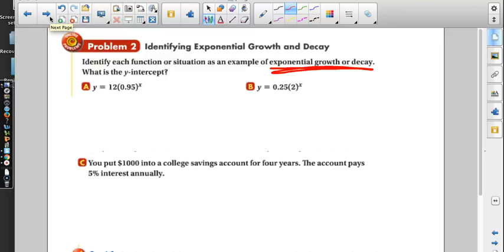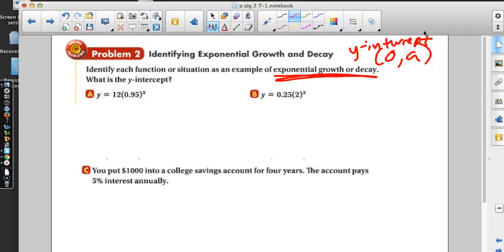Then there'll be growth. Or if they subtracted something so that it's a number between 0 and 1, then it's decay. And once we've done that, they want us to tell them a, because this is the y-intercept. Remember, to get the y-intercept, you set x equal to 0. It's always opposites when you talk intercepts. So y-intercept, x equals 0.